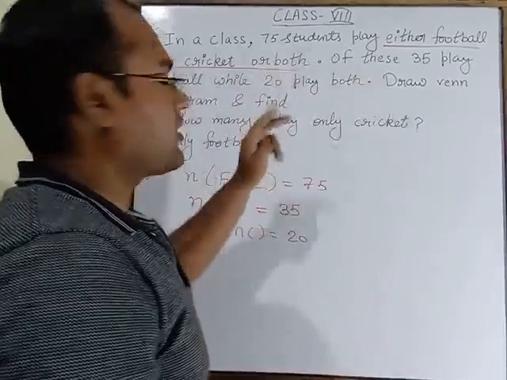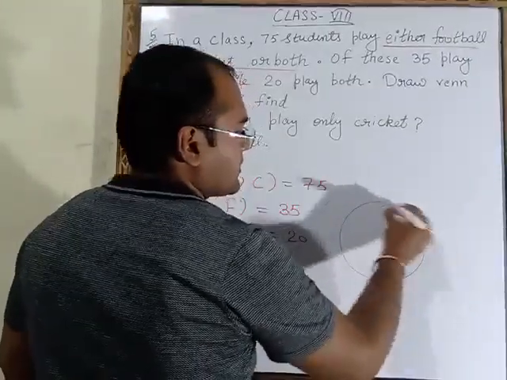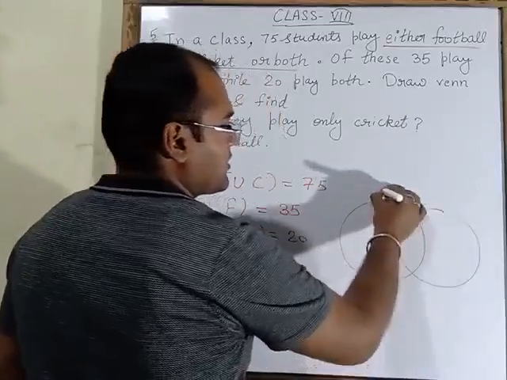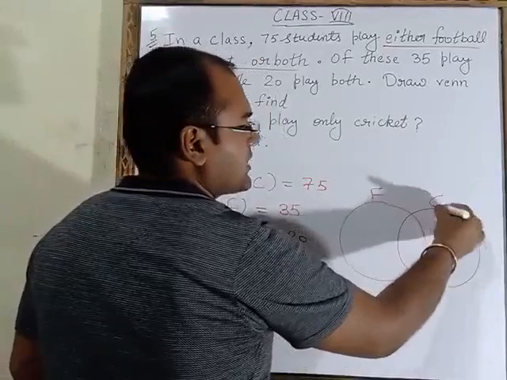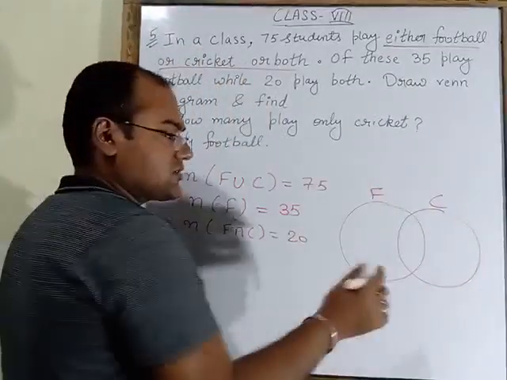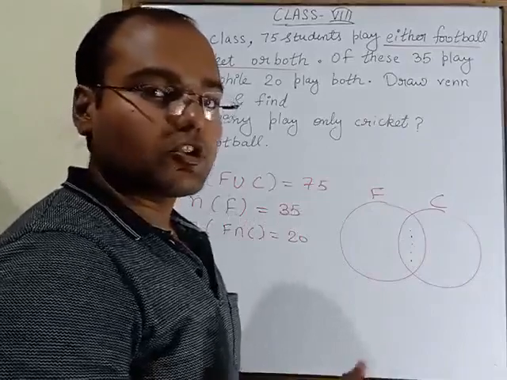Now he said we have to draw the Venn diagram. So first of all we will draw one Venn diagram. The first circle is of football and the second circle is of cricket. First of all we have to fill this middle part, the common part, meaning both.